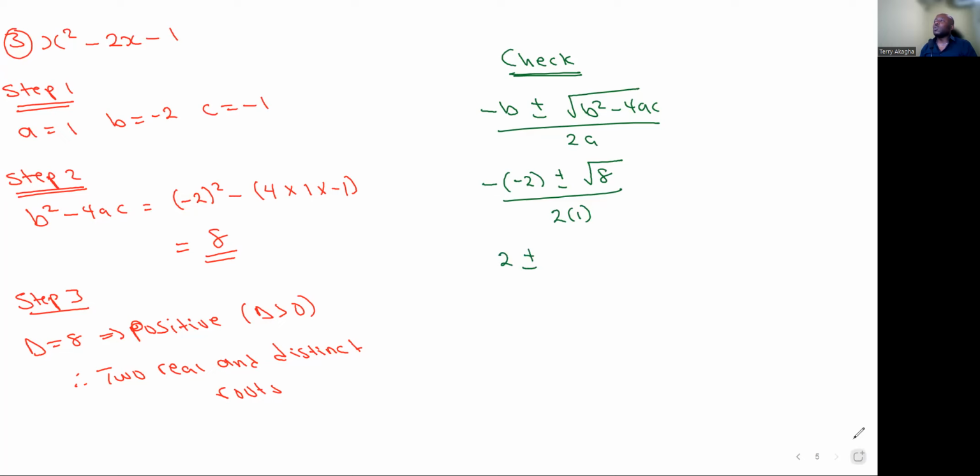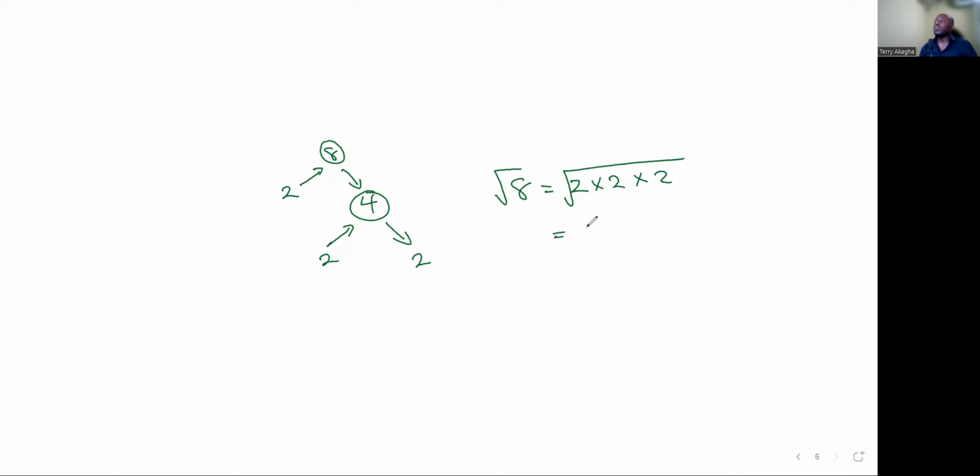Remember, I told you you can break down 8. So 8, you give you 2, and you have 4. You can break down 4 to give you 2, and you have 2. So that means 8 is equal to 2 times 2 times 2. So the square root of 8 is equal to the square root of 2 times the square root of 2 times the square root of 2.